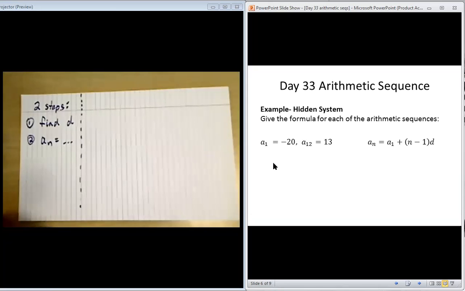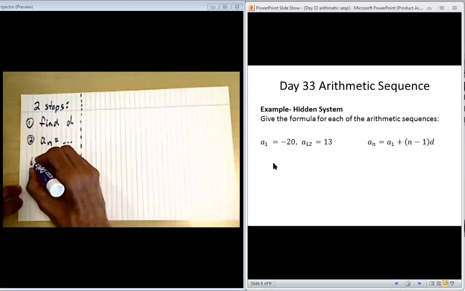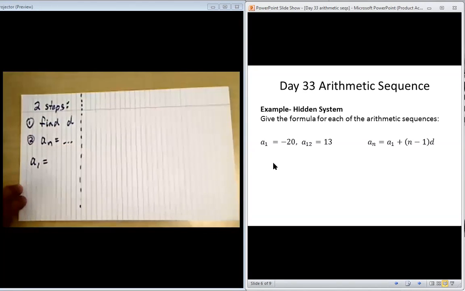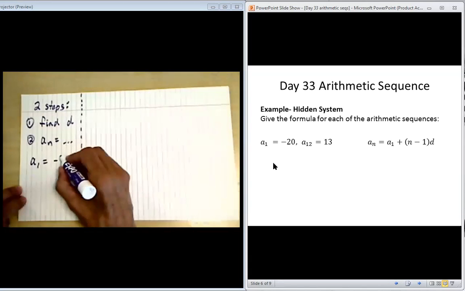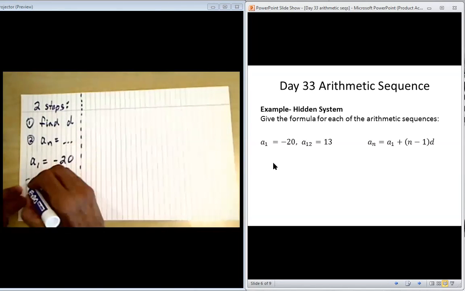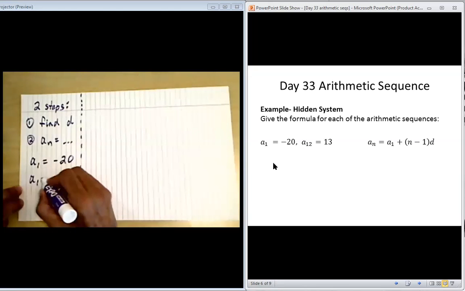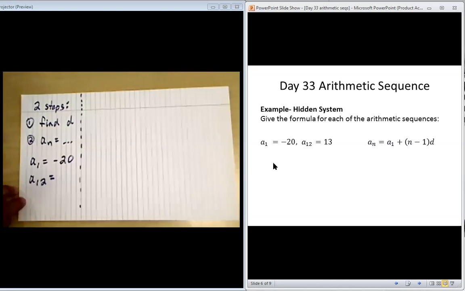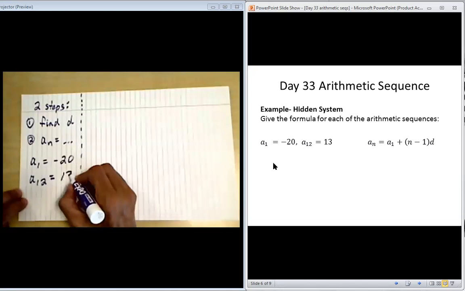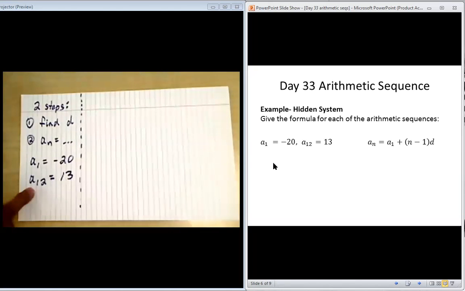We got A1 is minus 20. A12 is, what is that, 13? Now, what does this 12 represent down here?